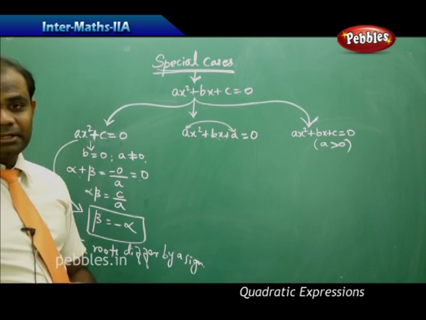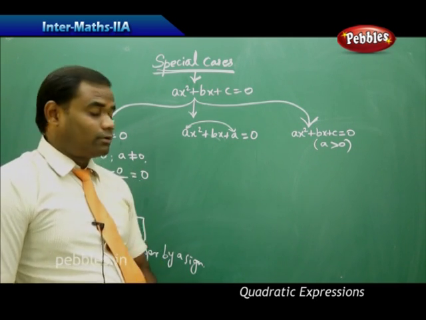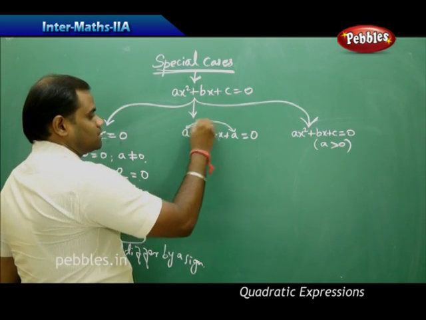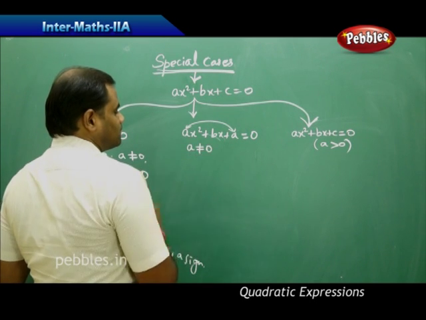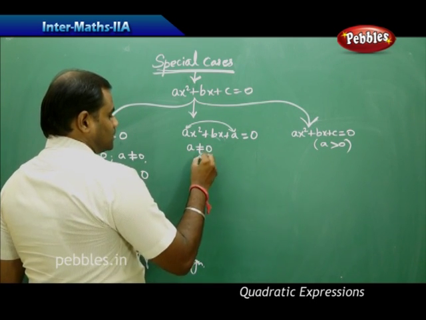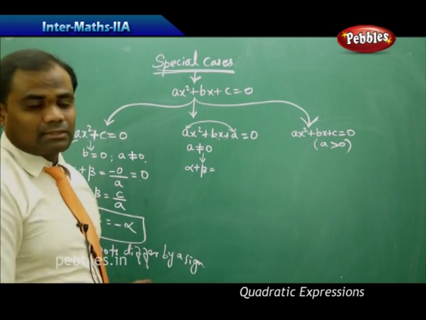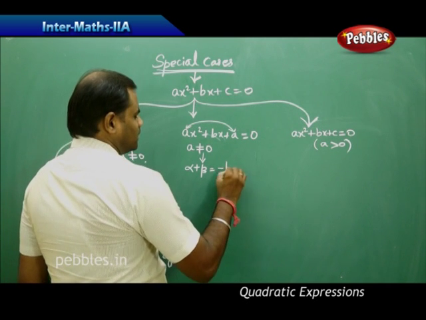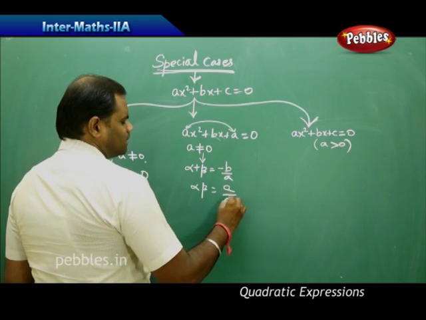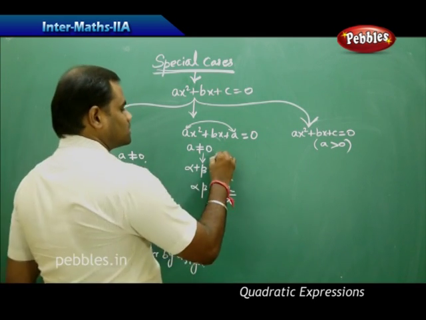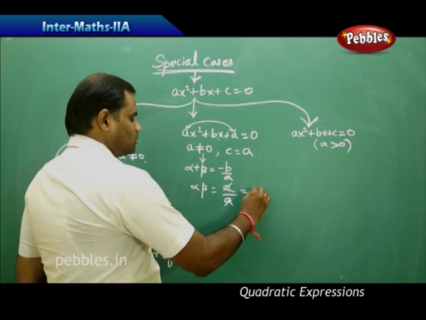Similarly, when I take the special case, case 2, of the quadratic equation, in this case I have taken the first and last to be the same. So assuming that a is not equal to 0, my sum of roots alpha plus beta is minus b by a, and the product of roots is c by a, that is a by a, because my c is nothing but equal to a, therefore I get this to be 1.